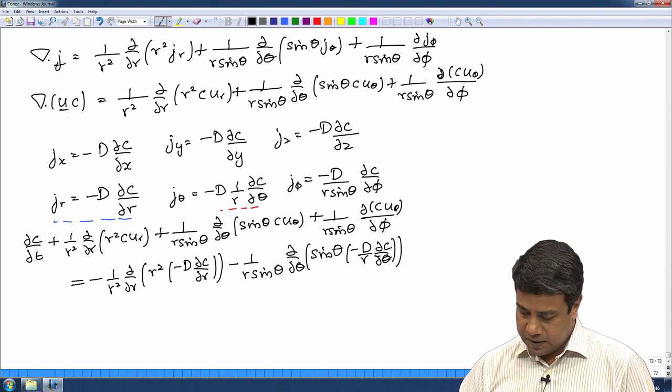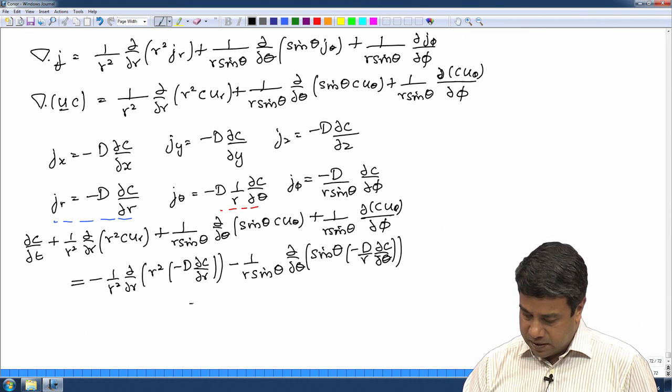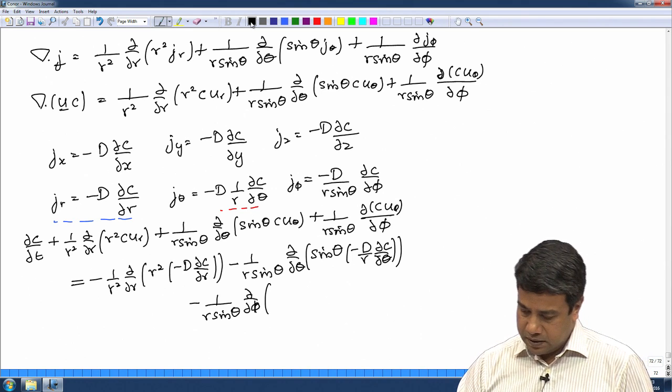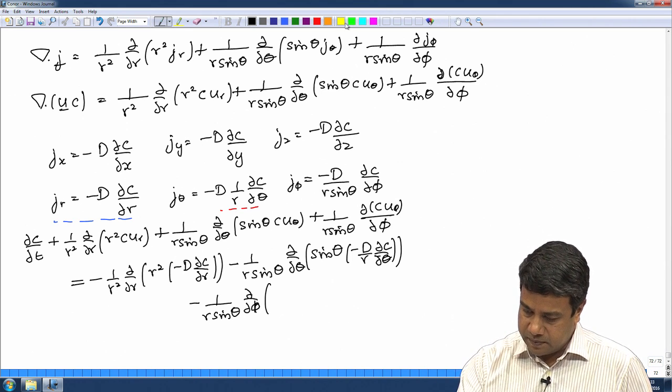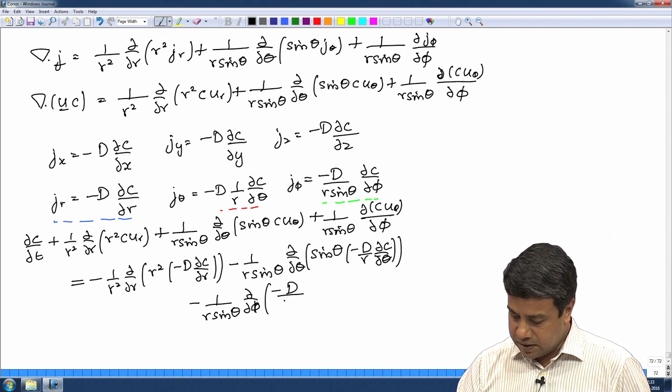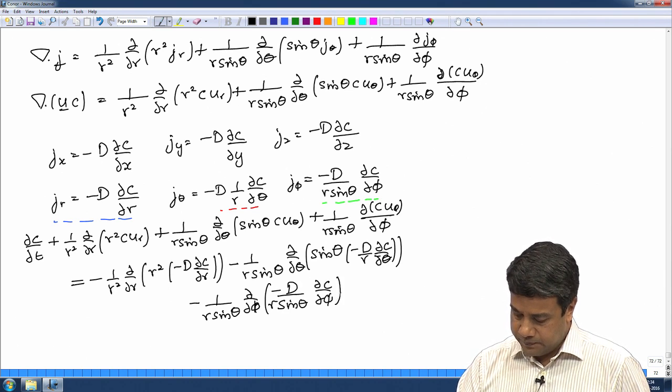And the third term is minus 1 by r sin theta, d by d phi of j phi, which is given by this, minus d by r sin theta partial c by partial phi.